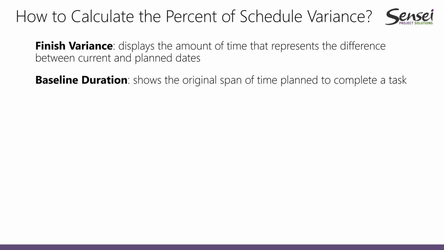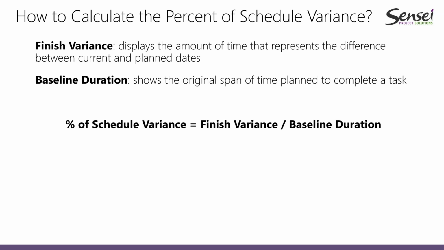The percentage of schedule variance is found by dividing the finish variance by the baseline duration.